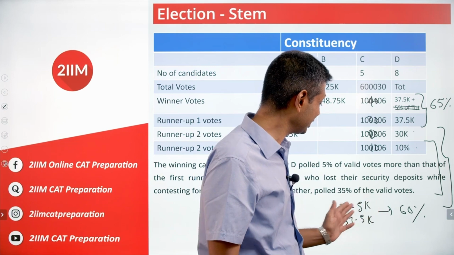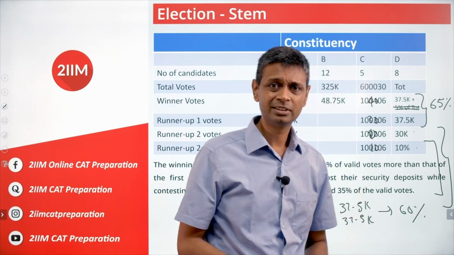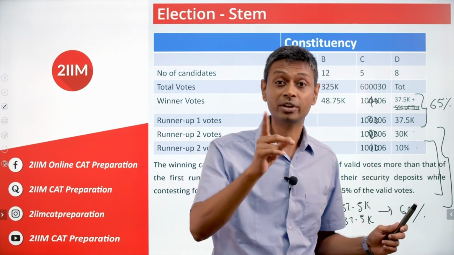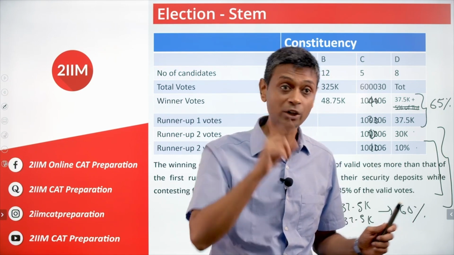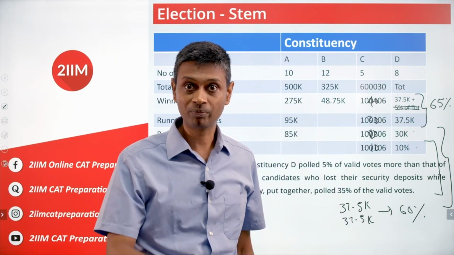Or 37,500 is 30%. Or 30,000 will be 25%, 24%, somewhere there. That cannot have lost a security deposit. Or the scenario where from runner-up 2 everybody loses, that is wrong.